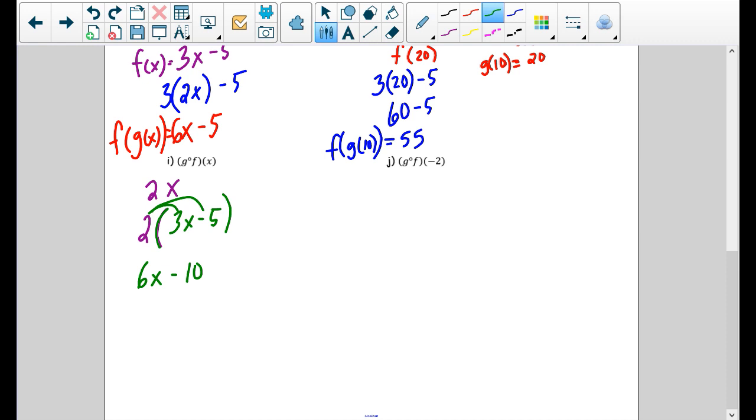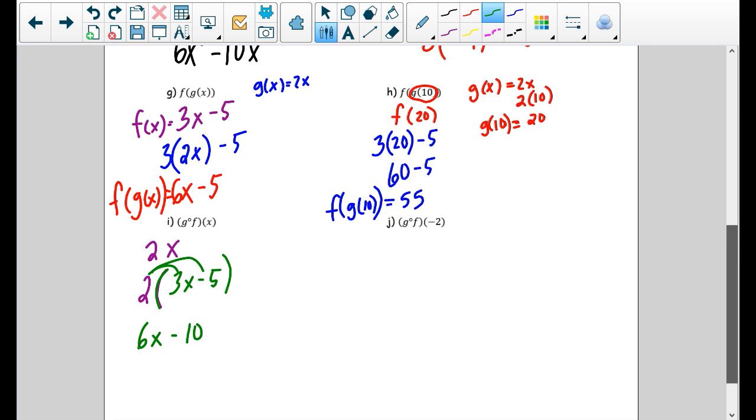Okay, so again, these four, these two, this is just another way to write the same thing. Okay.